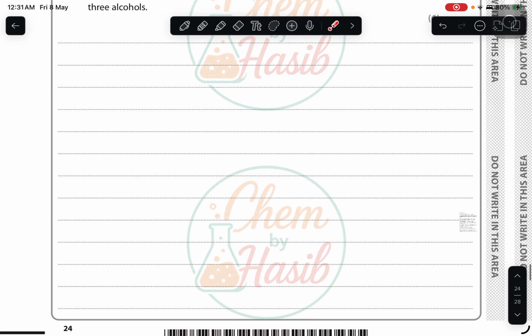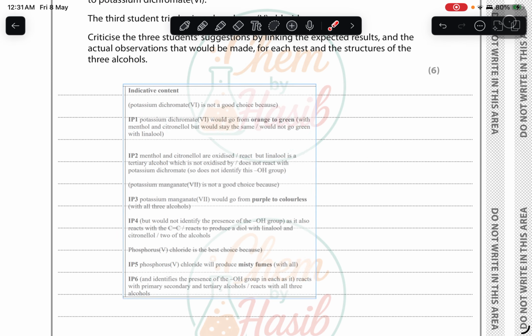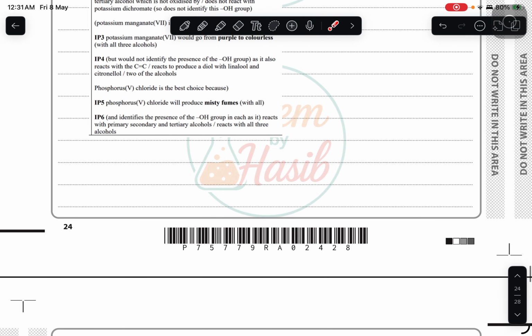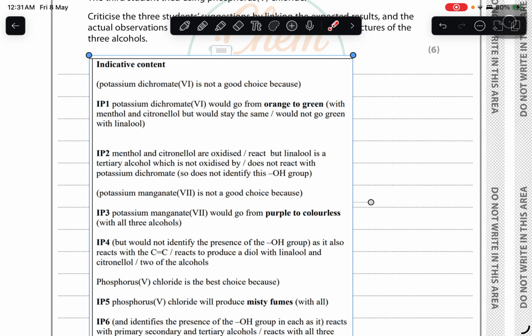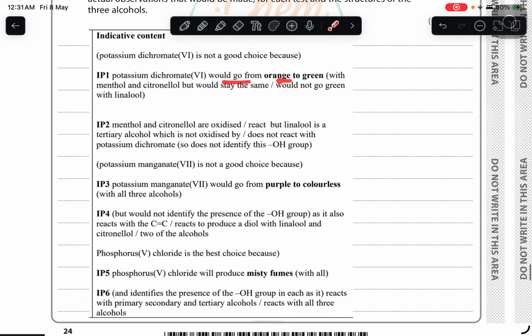So I have the part of the mark scheme here where all the points are given. It was a long answer, so I didn't write it out, rather I took a screenshot of the marking scheme. It says dichromate will go from orange to green with menthol and citronellol, but would not go green with linalool, because menthol and citronellol can get oxidized because they are primary and secondary. Linalool is tertiary, it cannot be oxidized, so there is no color change.